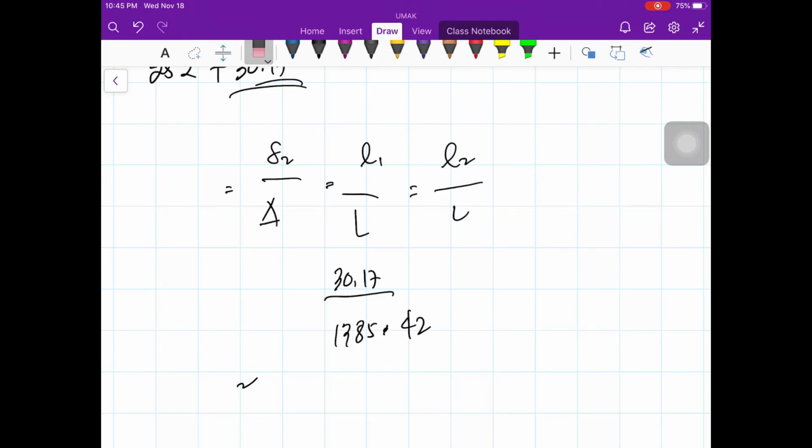Ano ko nahin 55.416? Tama naman. Wait lang.